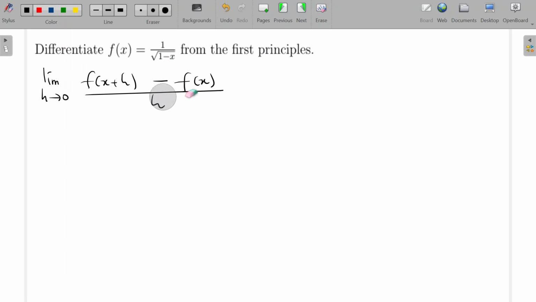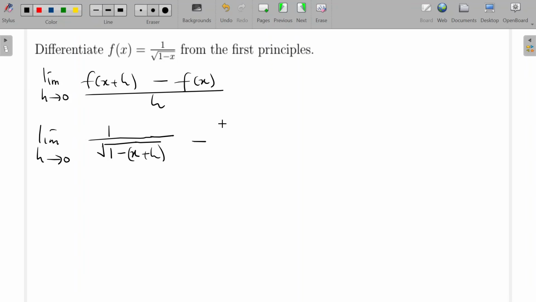So the limit as h approaches 0 of f of x plus h, you replace the x with x plus h, meaning you have 1 over the square root of 1 minus x, which I write in brackets so that the sign applies to both, to avoid errors.